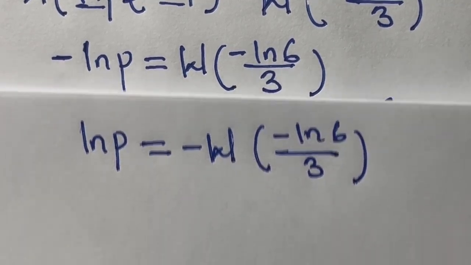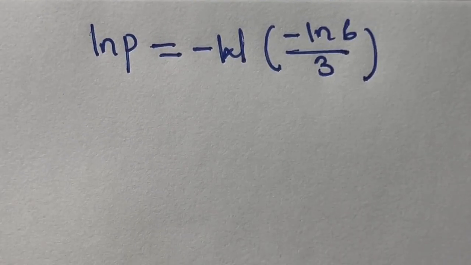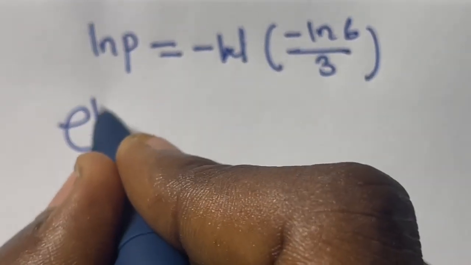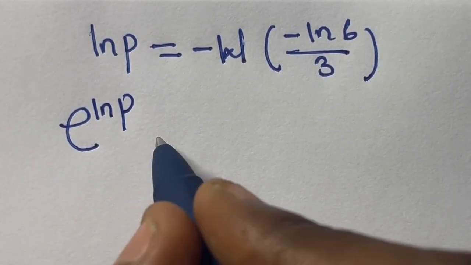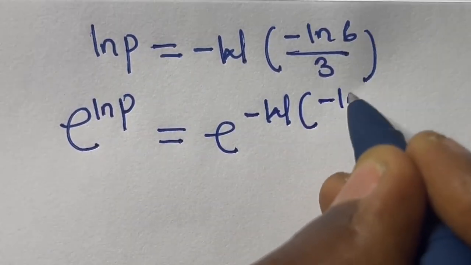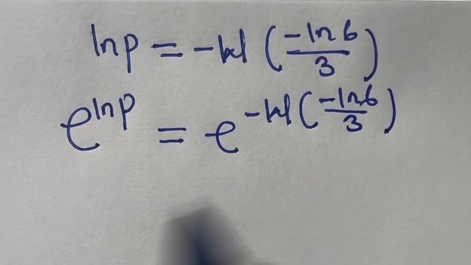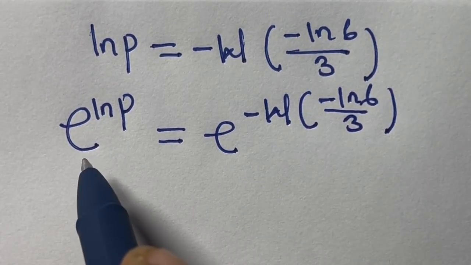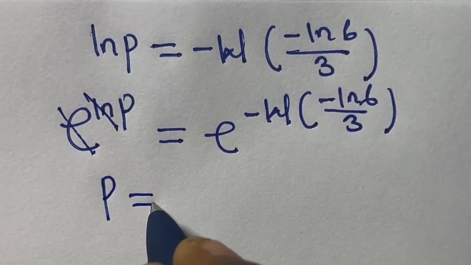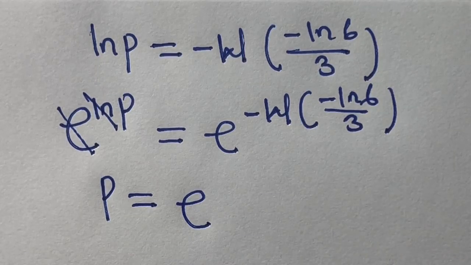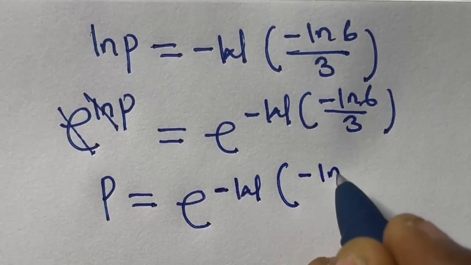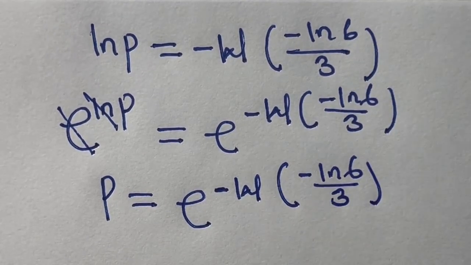So now we will take the exponential of both sides. We have exponential ln p equals exponential minus the Lambert function of minus ln 6 divided by 3. So here the exponential and ln cancel, and we will have p equals exponential minus the Lambert function of minus ln 6 divided by 3.